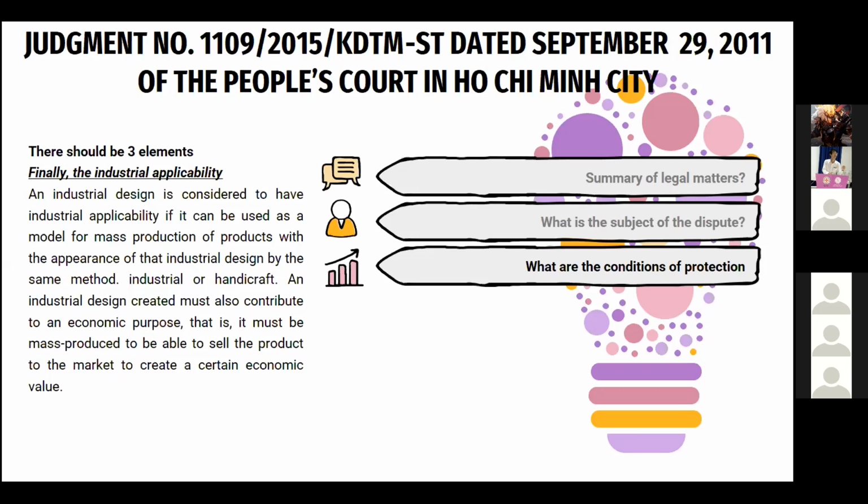An industrial design must also serve an economic purpose. That is, products must be made and sold by the maker to raise a certain economic value. Go to question 4.